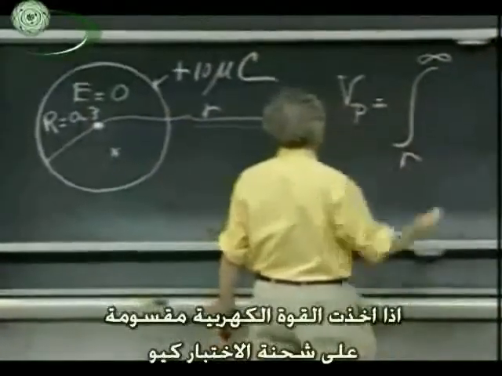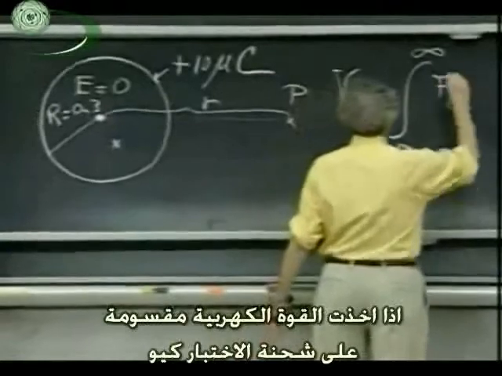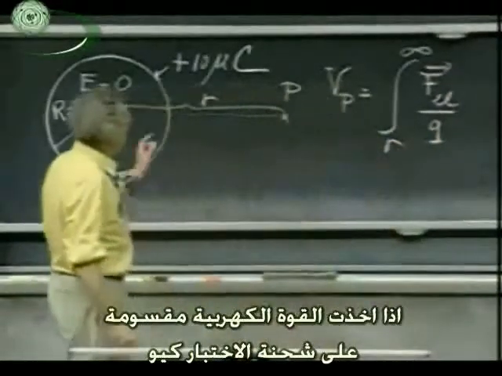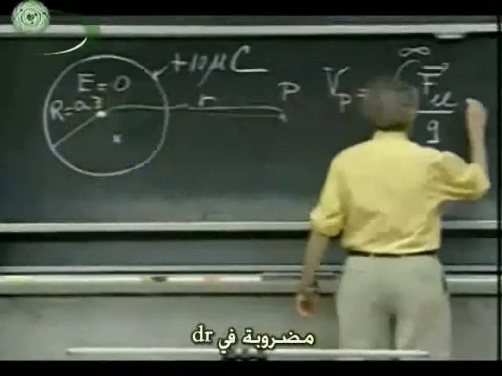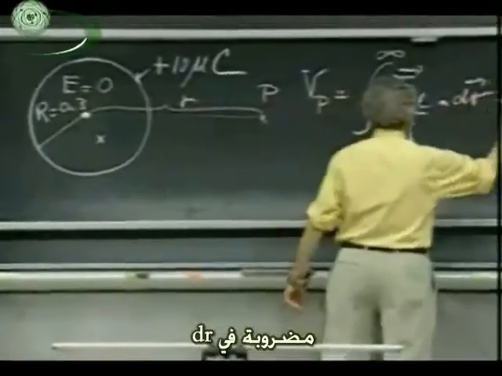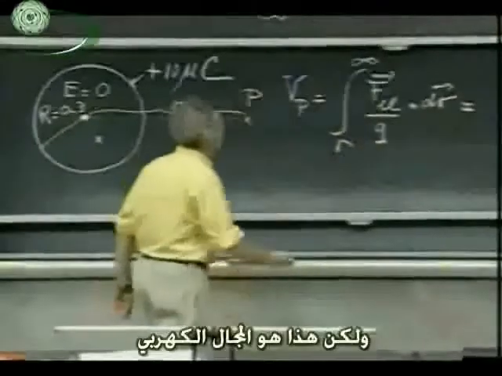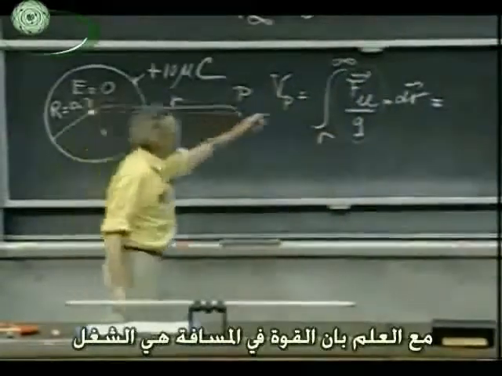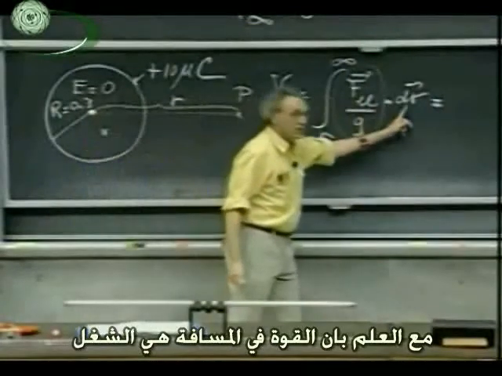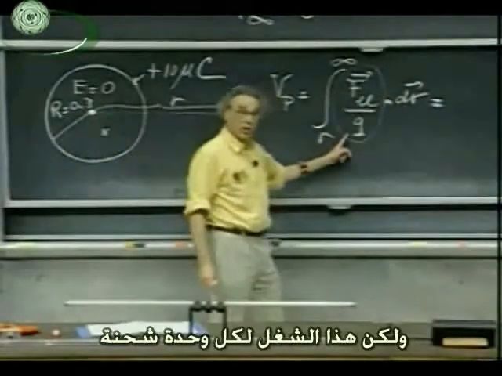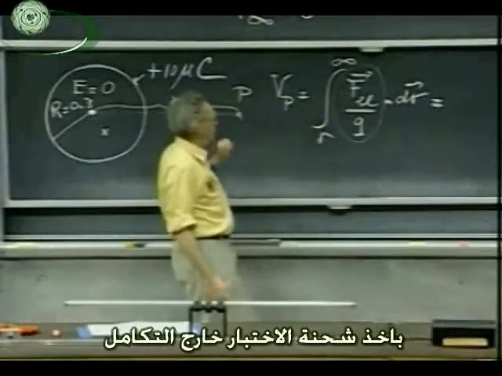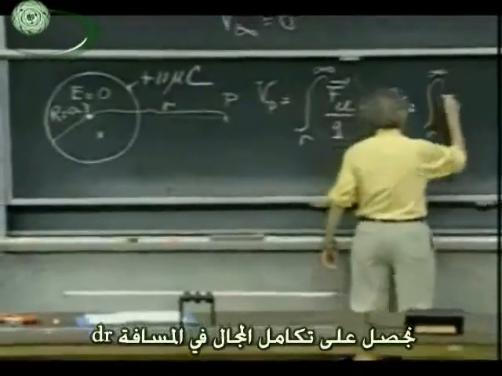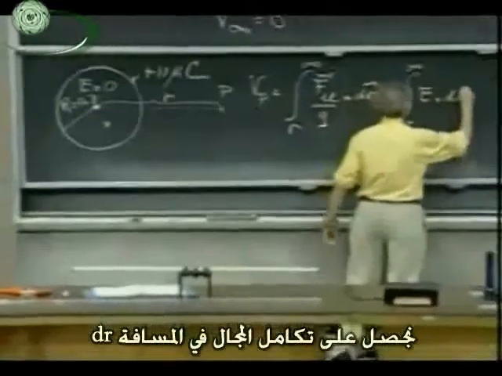If I take the electric force divided by my test charge Q dot dr. But this is the electric field. It is force times distance is work, but it is work per unit charge. So I take my test charge out. And so this is the integral from r to infinity of E dot dr.